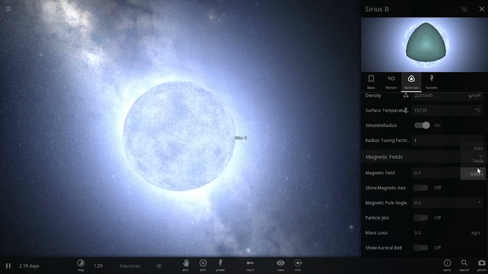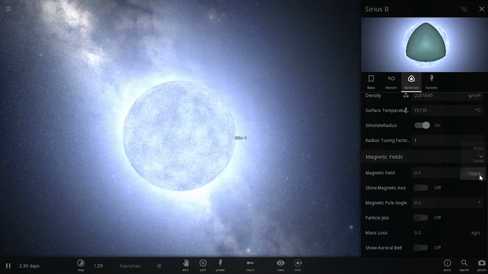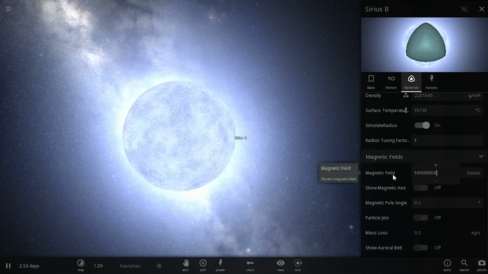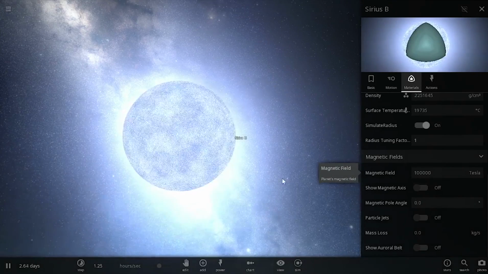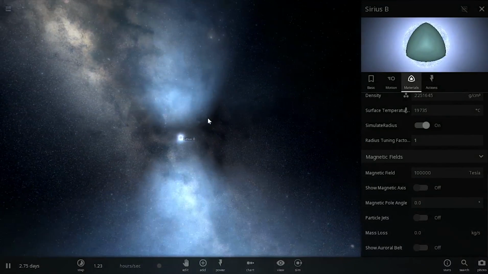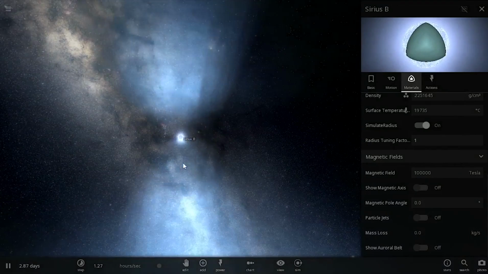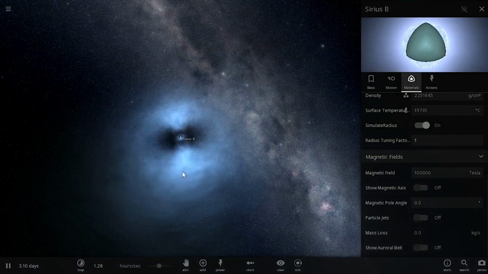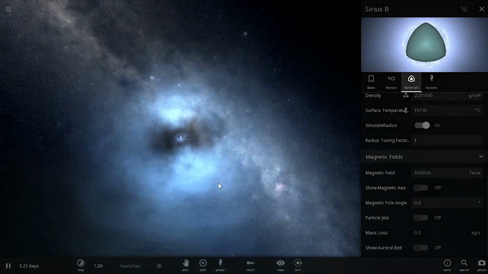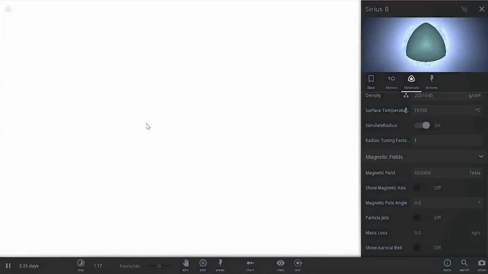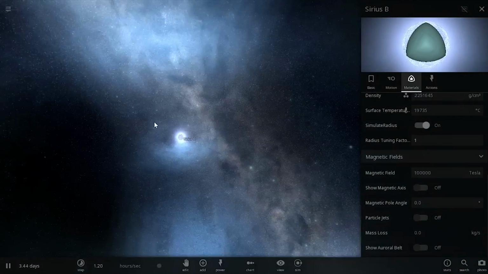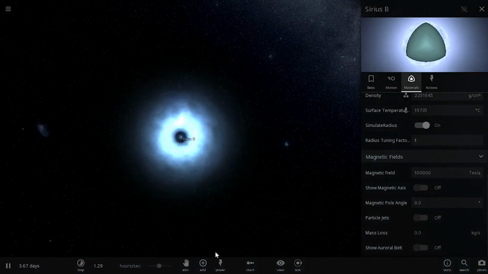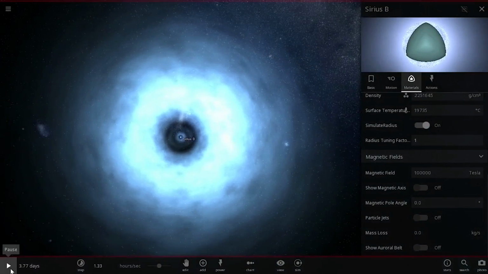Okay. Change that. Keep that gauss, I think, and make it. Alright. So we got a pretty cool pulsar happening. Pretty cool. Now let's pause this.